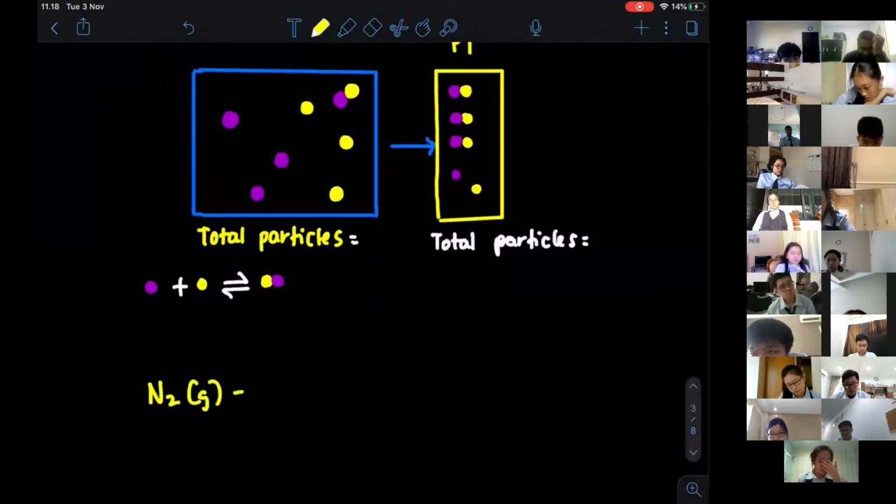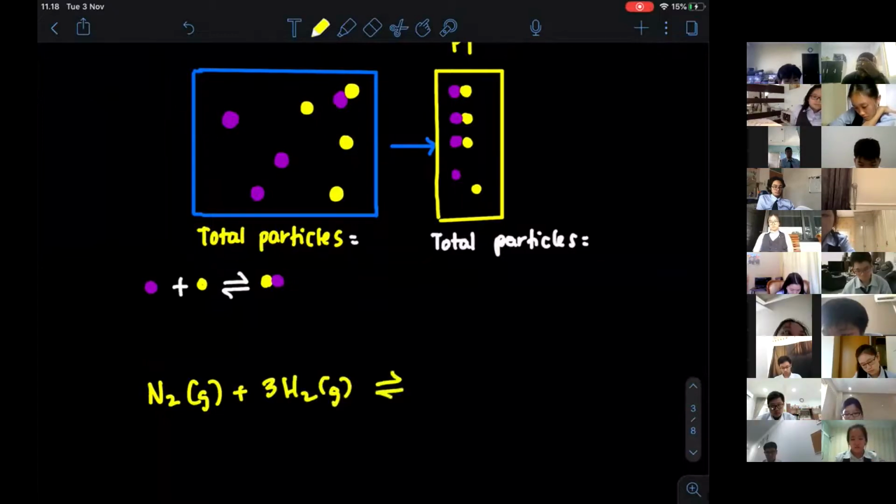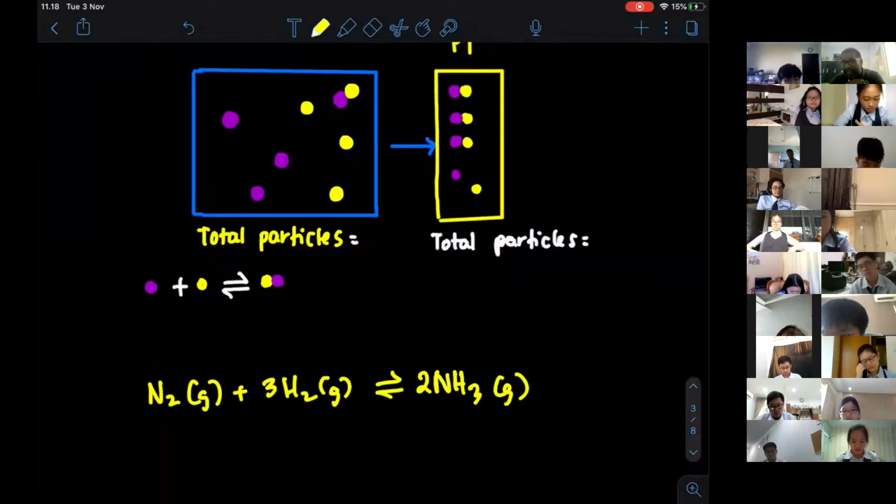N2 gas plus 3H2 gas to give you 2NH3, also gas. Do remember, changes in pressure affect only gaseous particles or gaseous molecules. Those which are not gases, we will ignore.